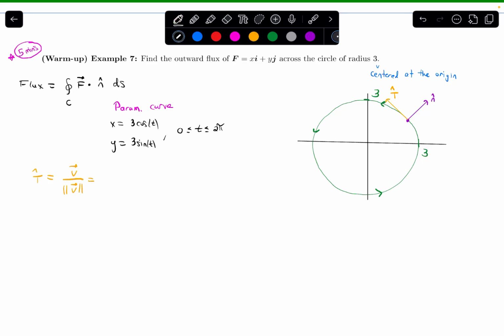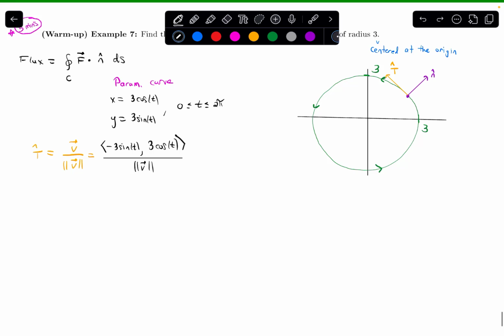We've seen before that for the velocity vector, we take the derivative of each of these. So I write that as a vector. The derivative of x is negative 3 sine t. The derivative of y is 3 cosine t. And this will get divided by the length of the velocity vector, which I'll leave as it is because something quite nice is going to happen to it later.